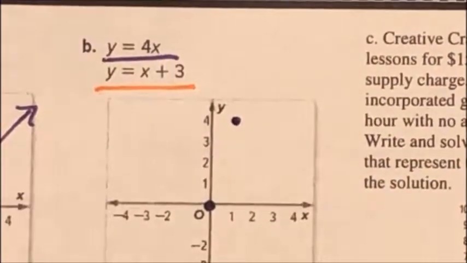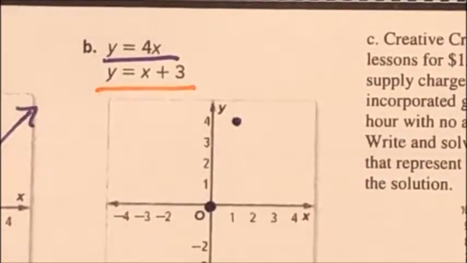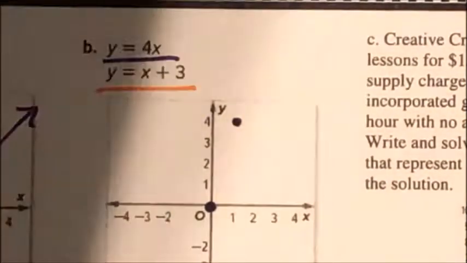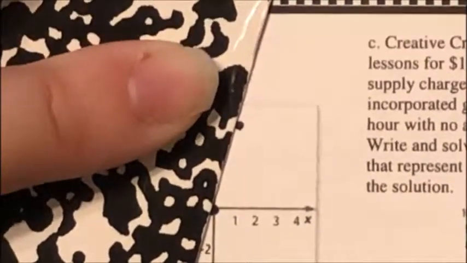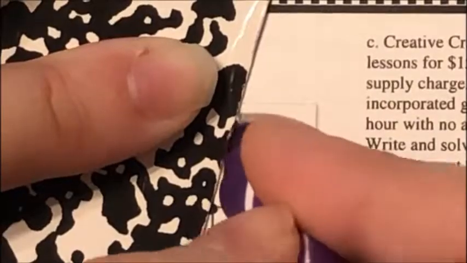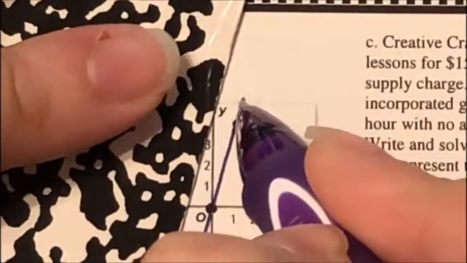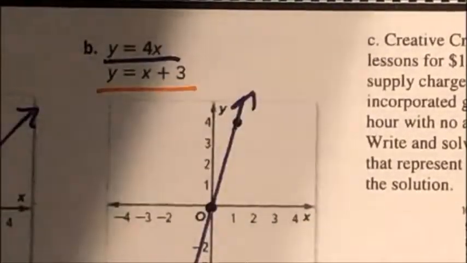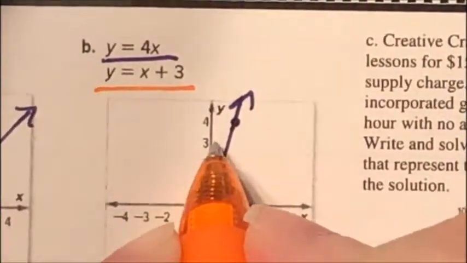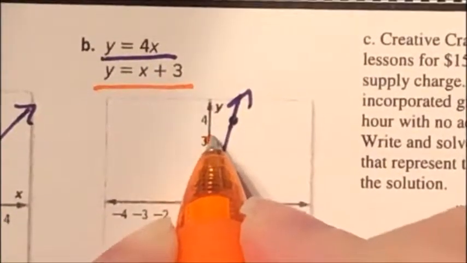So right there. And my second one, I start at plus 3, and I go up 1 over 1.